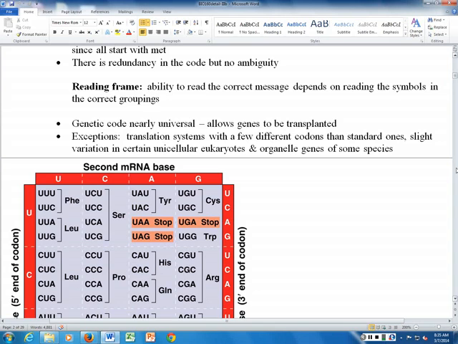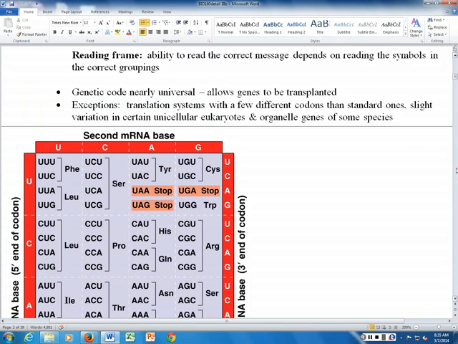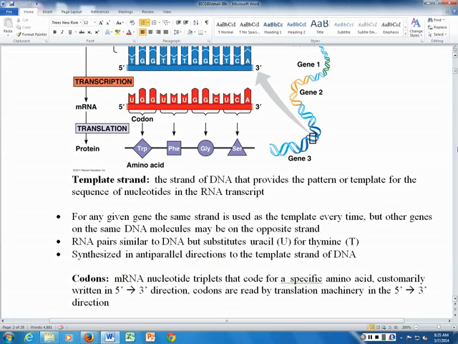So your reading frame is going to depend on being able to correctly read the message, and so you need to make sure that you always start in the correct place. So if we go back up to this picture here, when we read this starting here, we get UGG, UUU, but if we started here, you have a different reading frame, and you're going to get different amino acids out of the deal.